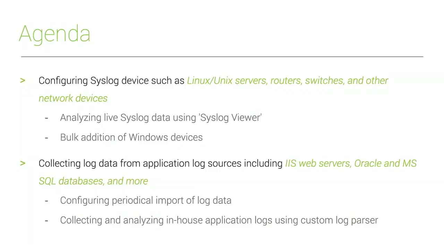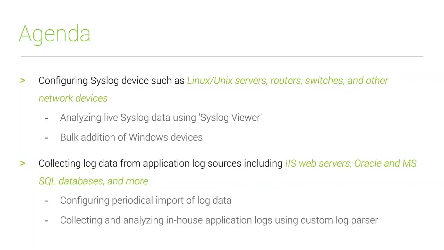As you all know, Event Log Analyzer has the capability to collect, monitor, and analyze syslog data in real time from all these devices. All you need to do is configure the syslog service on these devices, be it a Linux or Unix server, router, switches, or even HP Unix or Solaris device, so that it can send its log data to the Event Log Analyzer server.